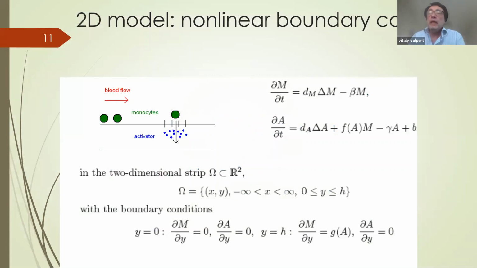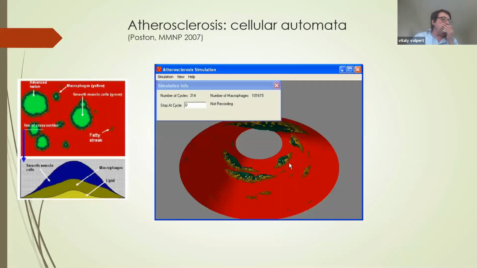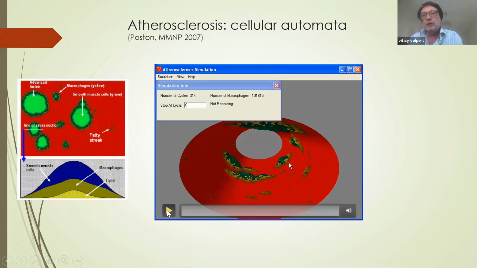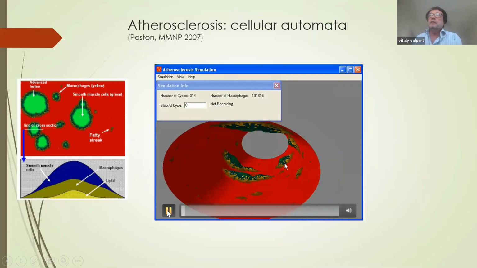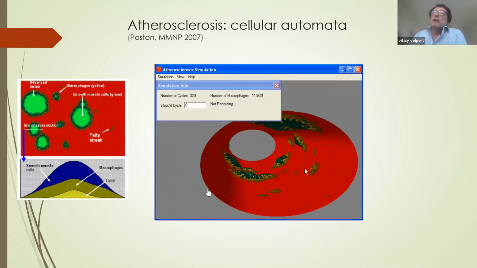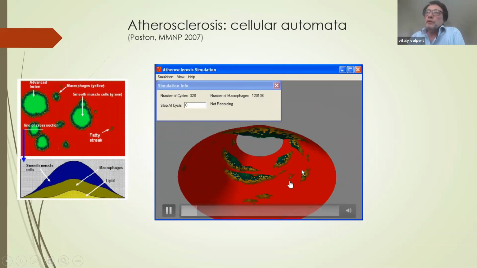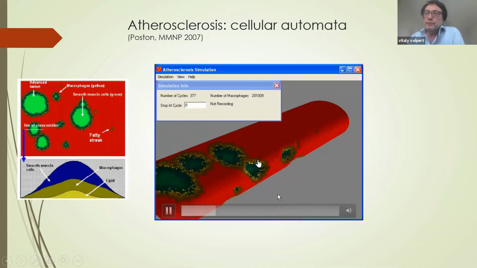Yes, and there are many generalizations of this model and other modeling approaches. Since we approach our break, I'll just show you another modeling, the cell matter modeling. So you see here this blood vessel with these blood vessel walls.